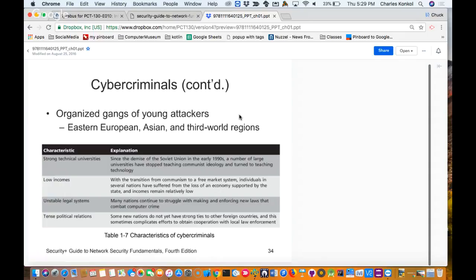And then unstable legal systems. Many nations continue to struggle with making and enforcing new laws. Tense political climate. Some new nations do not have strong ties to other foreign nations, and sometimes complications obstruct cooperation with local law enforcement.